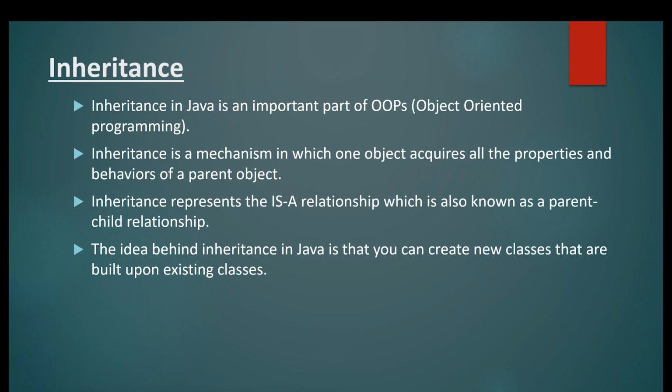Okay. Now coming to the next point, that is the idea behind inheritance. Why is inheritance required? In Java you can create new classes and build on the existing classes that are already there, right? Which simply means that let us say you are developing an application where there are hundreds of functionalities available.